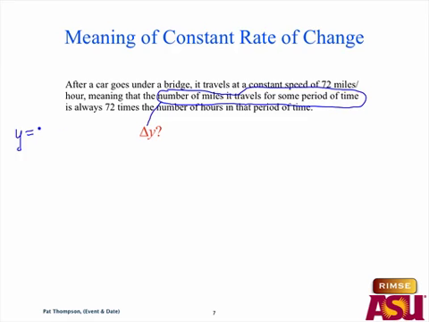Okay, and how is that different than delta y? We want to make the distinction between that and delta y. So number of miles traveled, okay. Which number of miles traveled? Because this is a number of miles traveled also. We've got to really make the distinction here.